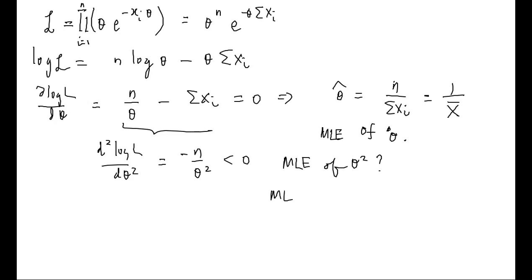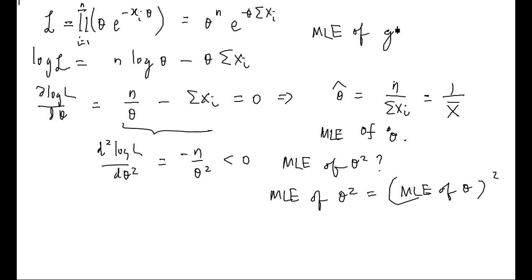Now, how about the MLE of theta square? It's very simple. There's a theorem that says that the MLE of g of theta is equal to g of the MLE of theta.